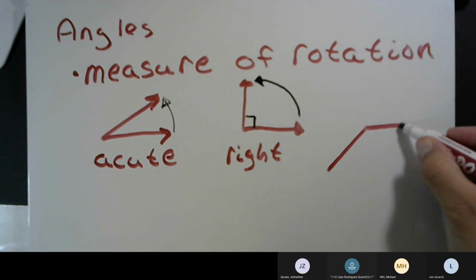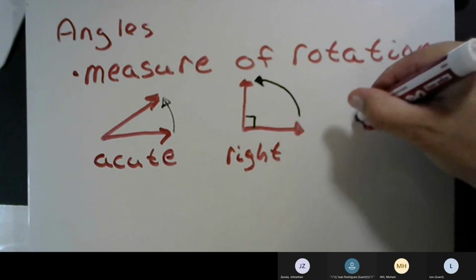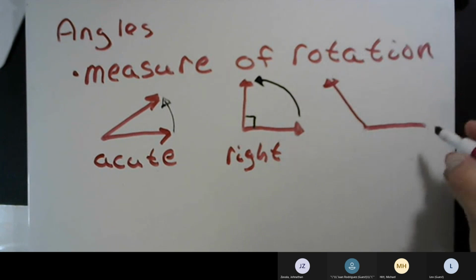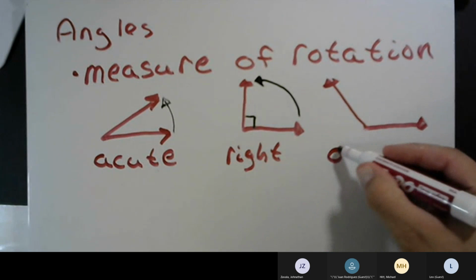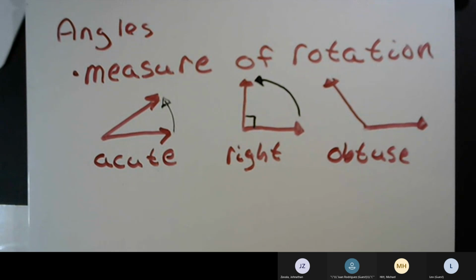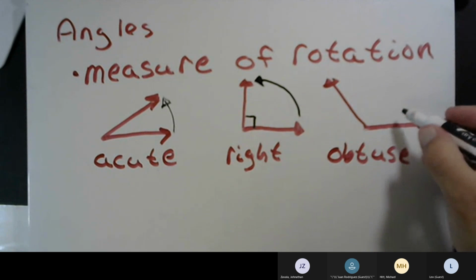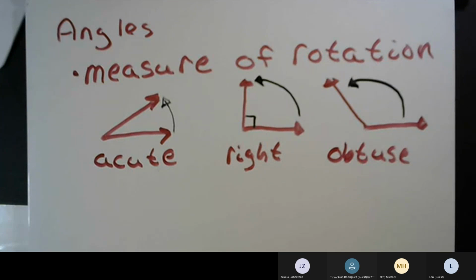And then you might see something like this. This is obtuse. In an obtuse angle, it's bigger than a right angle.